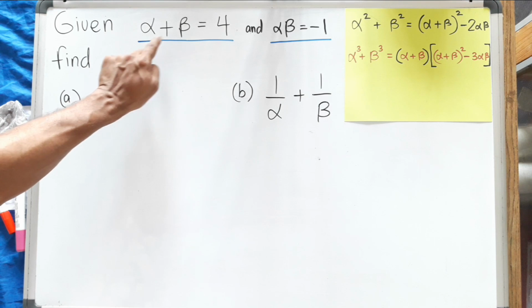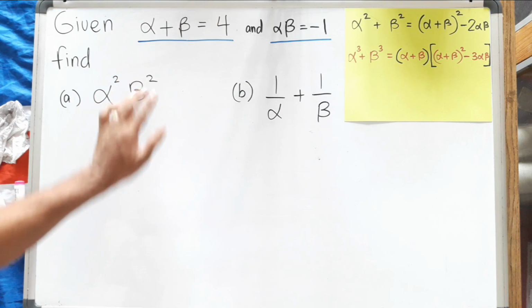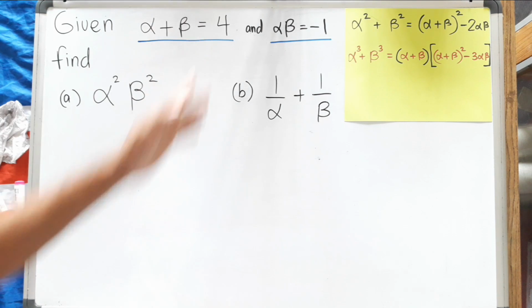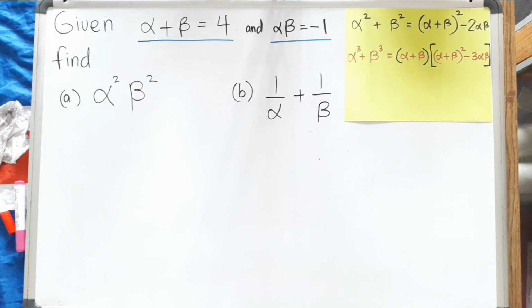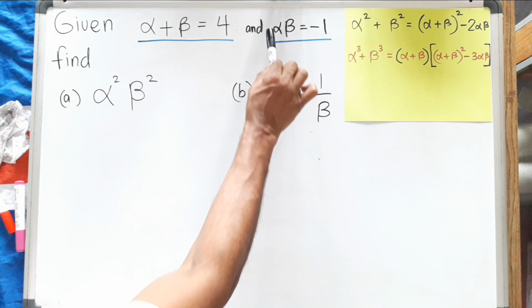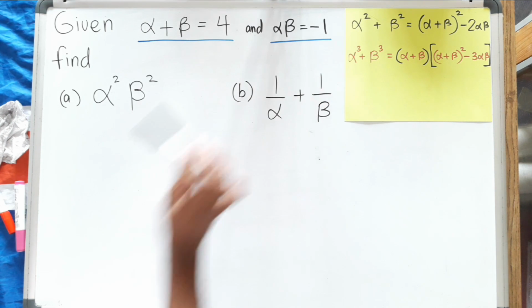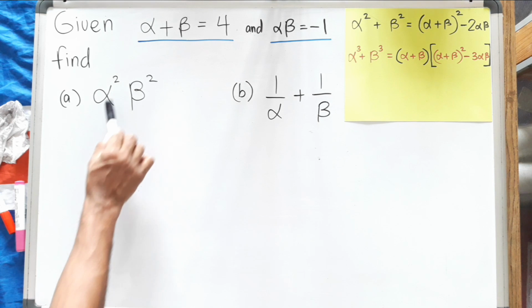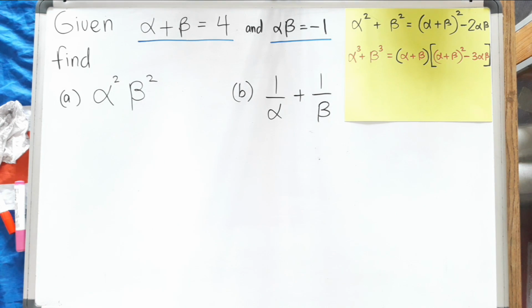Alpha could be 1, beta could be 3 to give you 4, or alpha could be 2, beta could be 2 to give you 4. You just don't know. They are also telling you that if you take alpha and multiply it by beta, you will get minus 1. And now they are asking you to find alpha squared plus beta squared. So they want you to find the value of this.